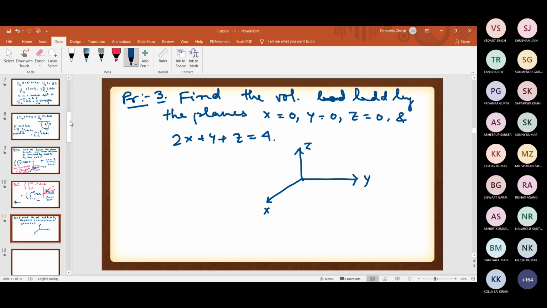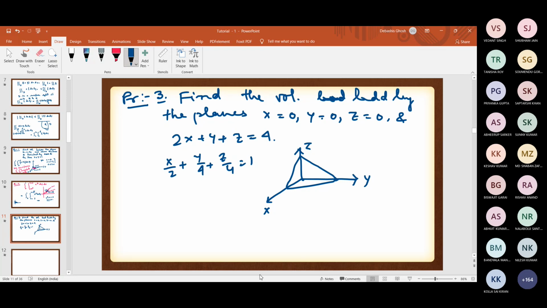And this is a plane. If you make it into intercept form, x by 2 plus y by 4 plus z by 4 equals 1. So that gives you a tetrahedron. So we have to find out the volume of the tetrahedron.